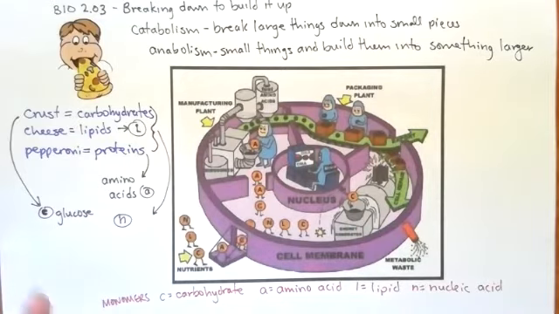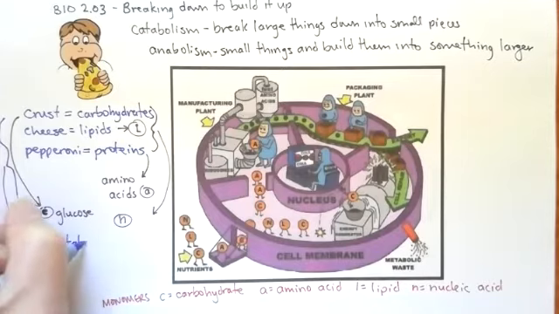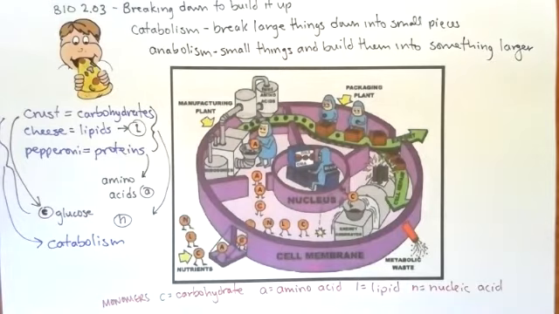Well, what happens from there is a lot like what happens in a factory. And so I have my cell factory here. But before we talk about that, all of this breaking down was catabolism.